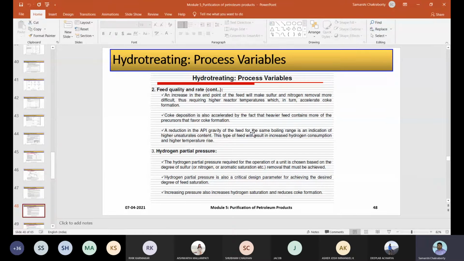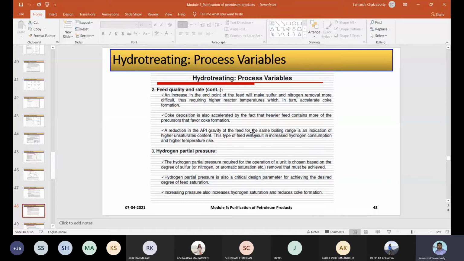And if your product has a higher percentage of unsaturated products like olefins or aromatics, you will need more and more hydrogen, because hydrogen will first get involved in the saturation. So olefins will be saturated, aromatics will be saturated, and then it will work and definitely remove your sulfur or nitrogen.